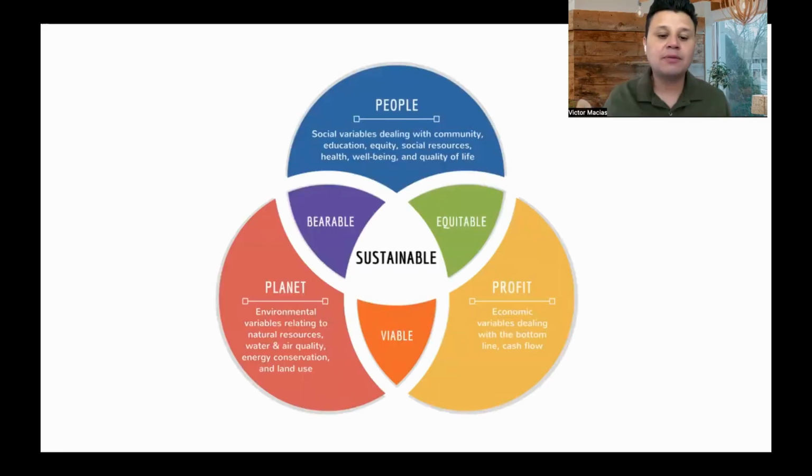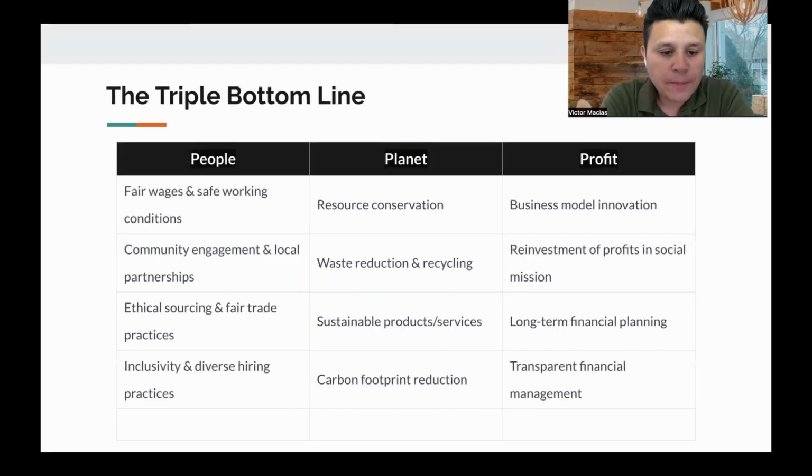This is when we talked about the triple bottom line. We talked about the alignment of people, planet, and profit. Now, if your idea overlaps these three circles, then you've got something worth pursuing and worth looking at. A reminder, people, planet, profit. So when we're talking about people and social impact, it's, are you sourcing your products fairly?